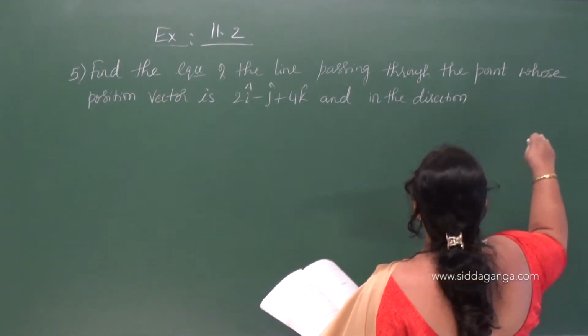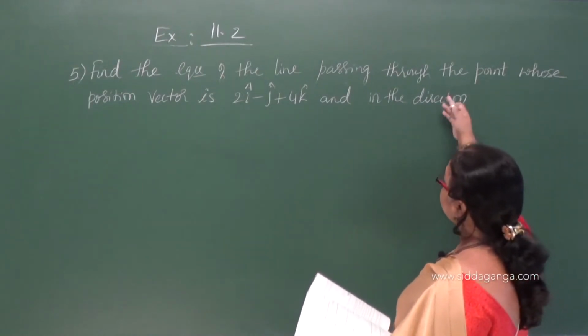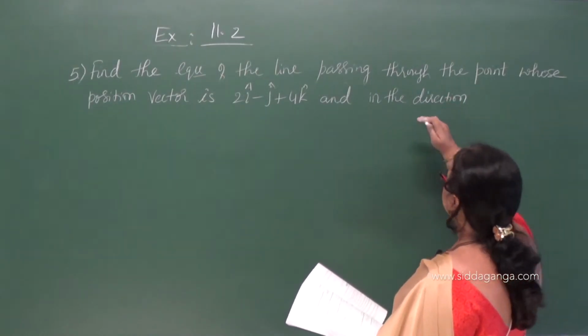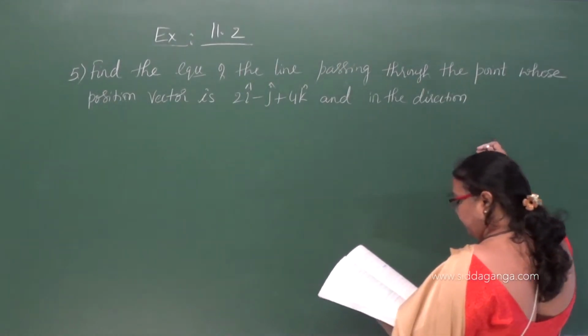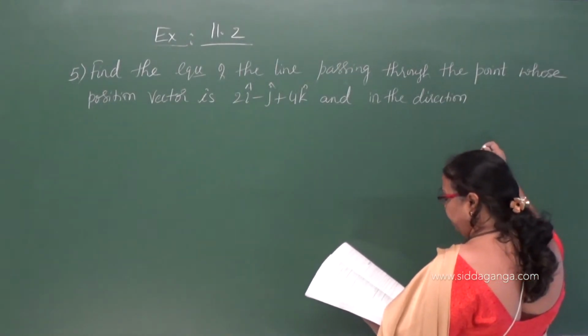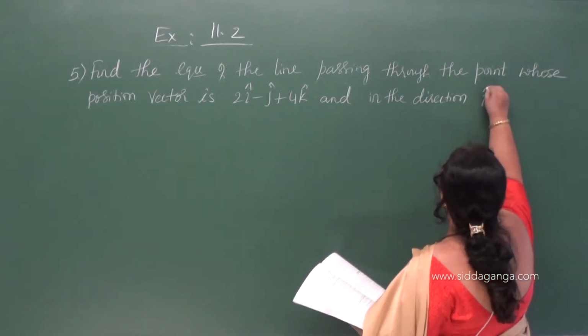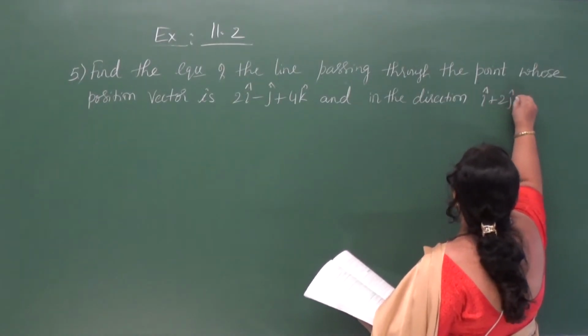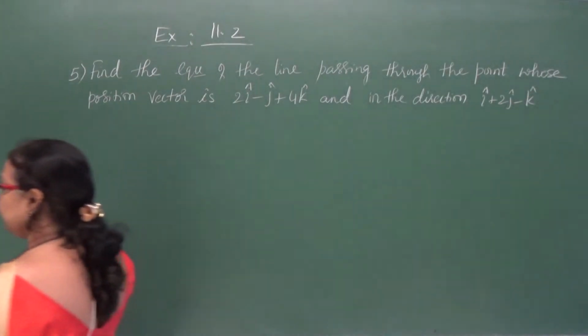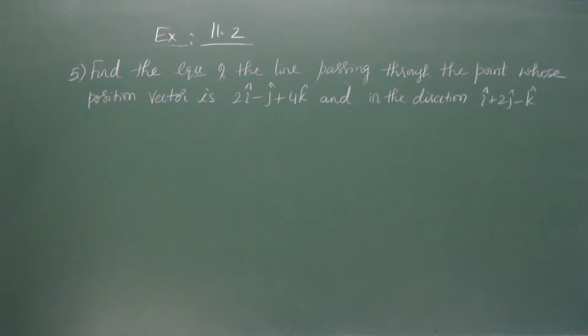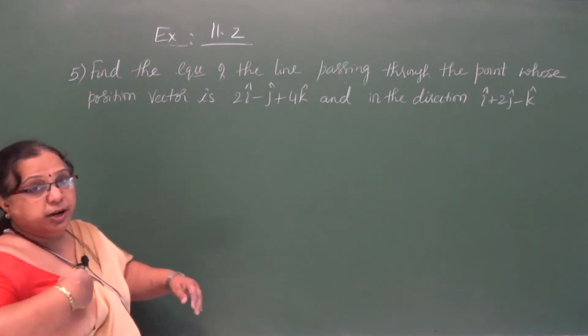The line is in the same direction as this vector, meaning parallel. The direction is i plus 2j minus k cap. So this is also according to theorem 1, again, passing through a point.